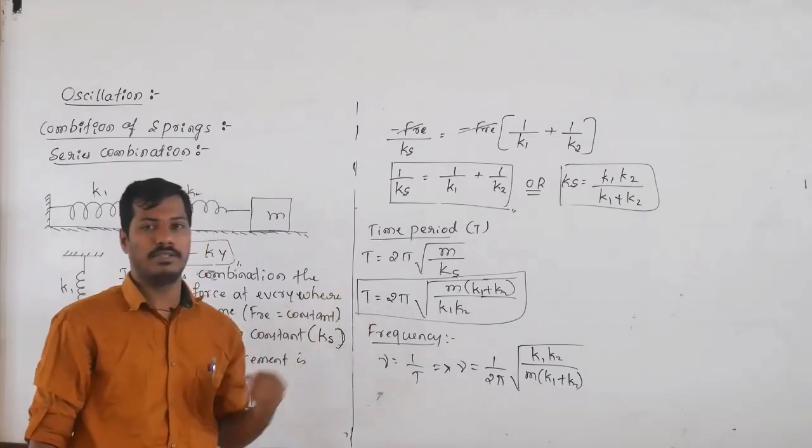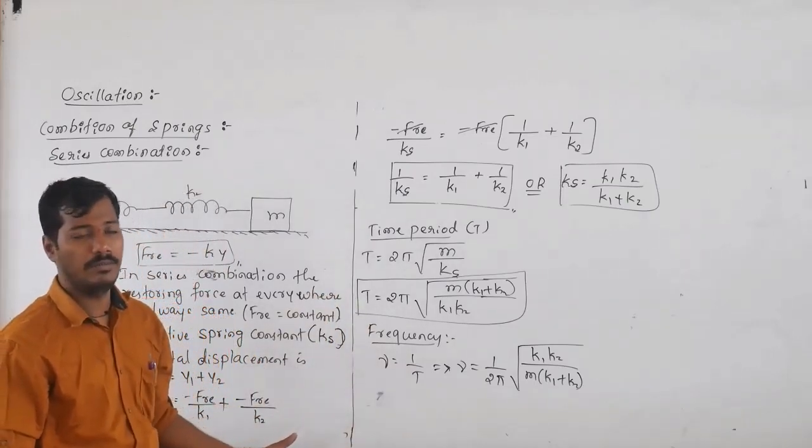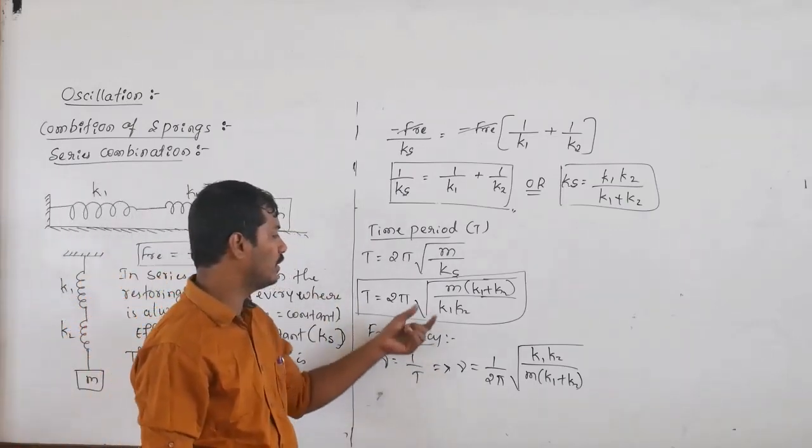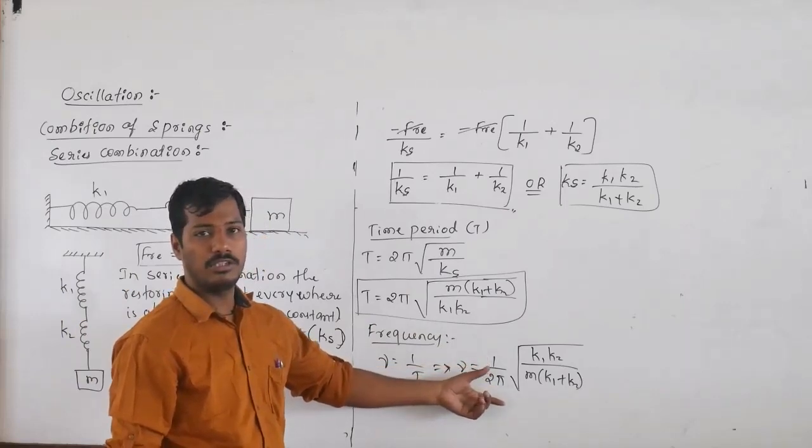This is the frequency. If you want the angular frequency, remove this 2 pi.